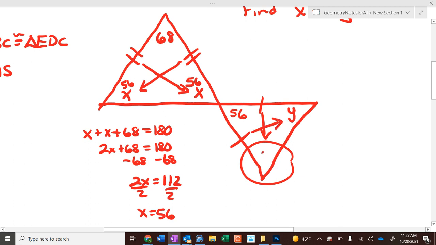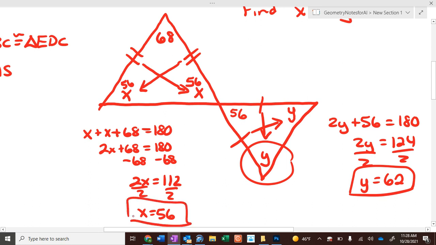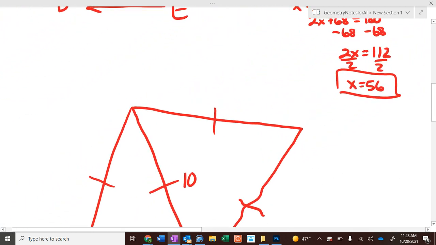So the two angles opposite the congruent sides are the same as each other. So y plus y, or 2y plus 56, adds up to 180. So 2y equals 124, and divide by 2, y equals 62. And x equals 56. So that's how we figure out angles when we have isosceles triangles.